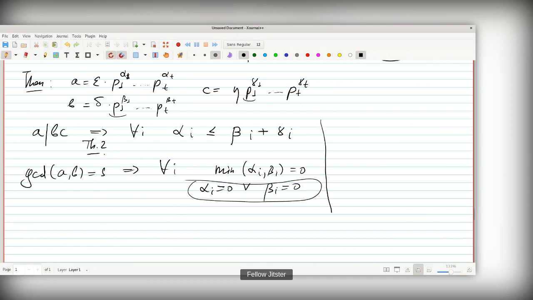So for every I, we have two cases. The first case is when alpha I is less or equal than beta I plus gamma I, and alpha I is 0.